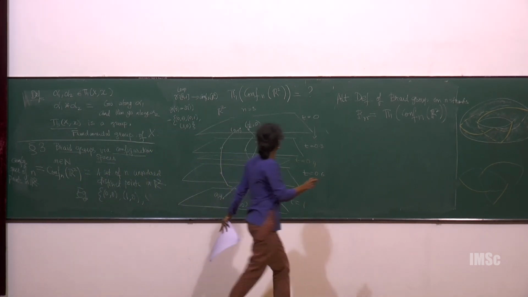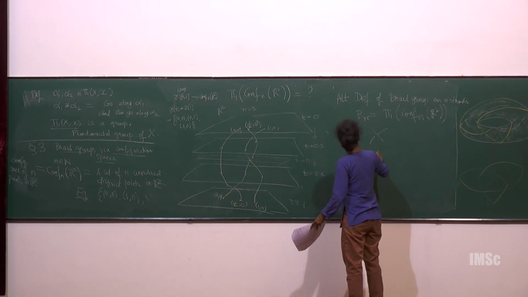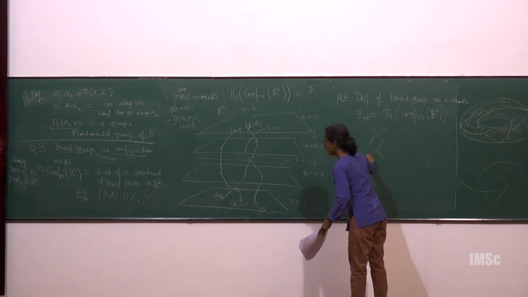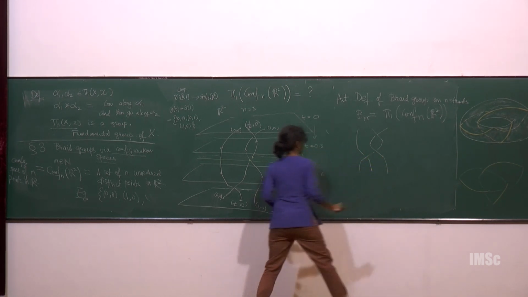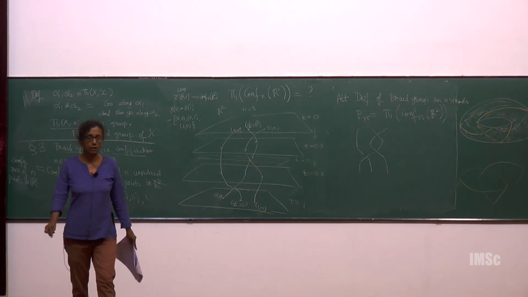If I want to draw the braid picture, this would be overcrossing, and then this does nothing, and then does an undercrossing. So this would have been the braid. And then it is not a loop.